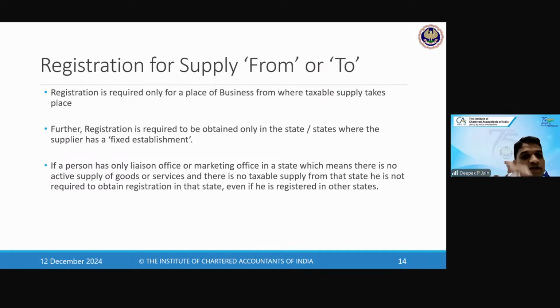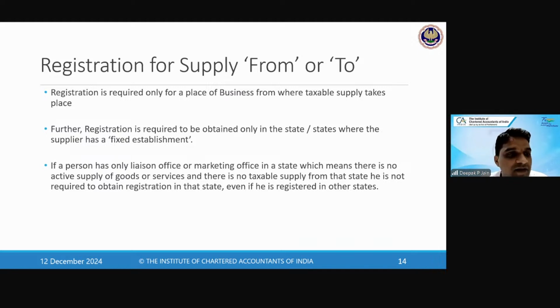Third part. Now, first two parts, everybody understood. Hardik, what is license office? Yes, that was a question which I was expecting. I will tell you what is license office. But first two parts you've understood. Registration is required from the place of business. Like how we gave an example of Karnataka to Goa, Karnataka to Maharashtra. We have to take registration from where you're making supply. So if you're making supply from Karnataka to Goa, you do not have to take registration in Goa. You do not have to take registration in Tamil Nadu. You have to take registration only in Karnataka. Then registration is required to be obtained only in the state where you have a fixed establishment.